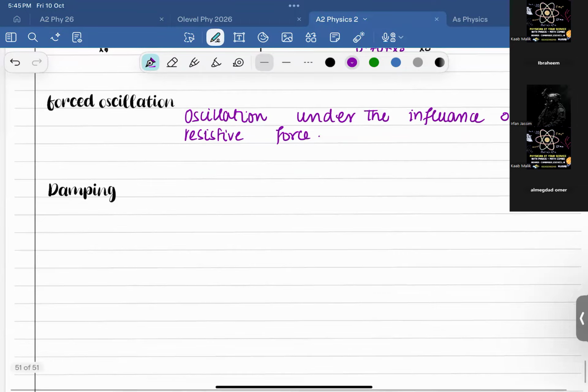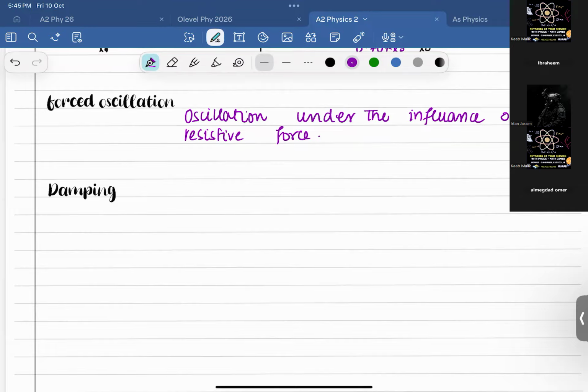So you know that in AS level when you do practicals, you oscillate a pendulum, and after some time it stops at its original position or mean position, right? And that is because of the air resistance or air present in the room, right? So the pendulum has to do work against the air as well as it is moving, right? So all of its total energy converts into the work done against the resistive forces.